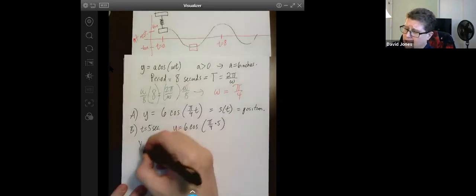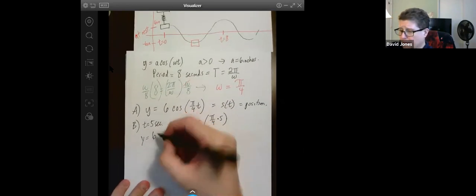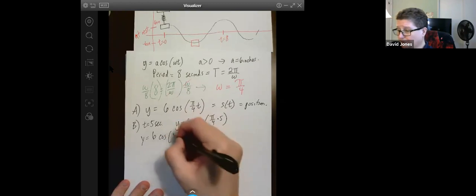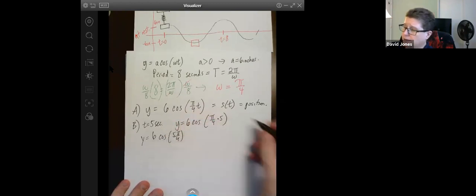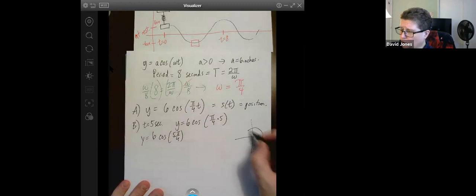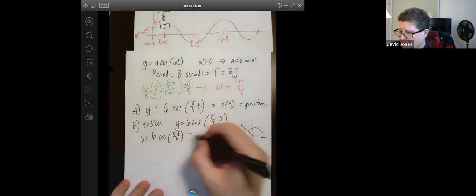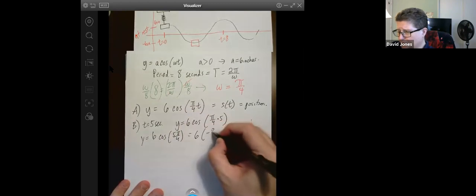So y equals 6 cosine of 5 pi over 4. Unit circle, that's at the diagonal. That's negative root 2 over 2, right?